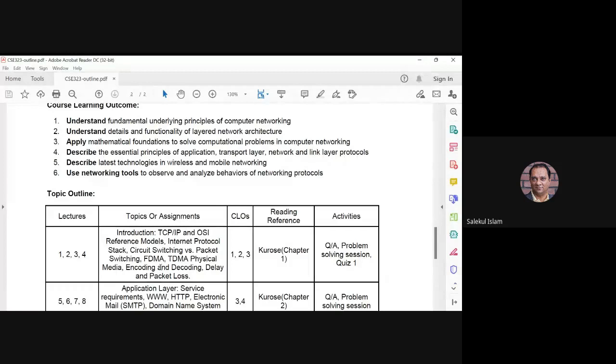Or what is the difference between transferring a file and video streaming? What is the underlying technology? Not that we are going to study video streaming specifically, but video streaming is an example. Any kind of streaming and file transfer are two totally different types of applications. They have different requirements, they have different needs. So how do these applications work?